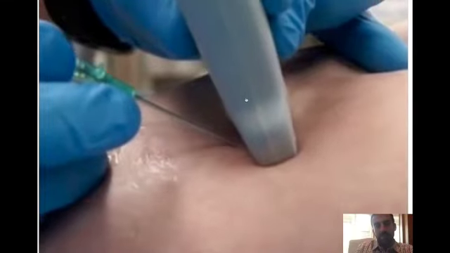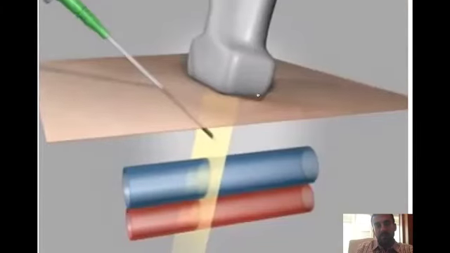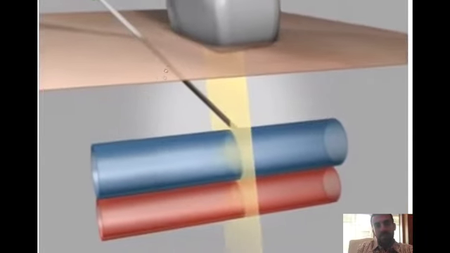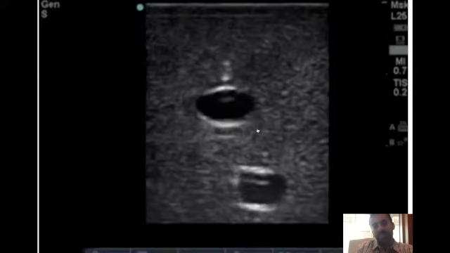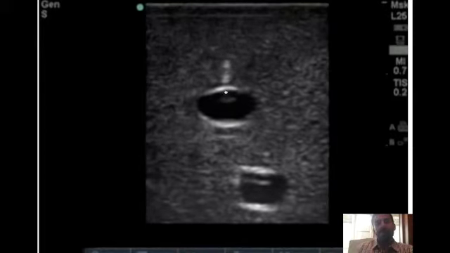You see now this ultrasound probe, we've fanned the probe such that we are able to visualize the needle tip throughout the entirety. And in this simulation video, you can see that we've visualized the needle tip throughout the process of scanning and entering the vein.